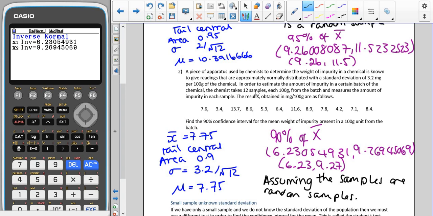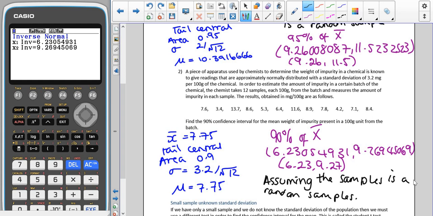Now you'll also notice that I have put a little comment there saying assuming that the samples that we are taking are a random sample. The reason why I added that there is because nowhere in that does it say that the samples are random.